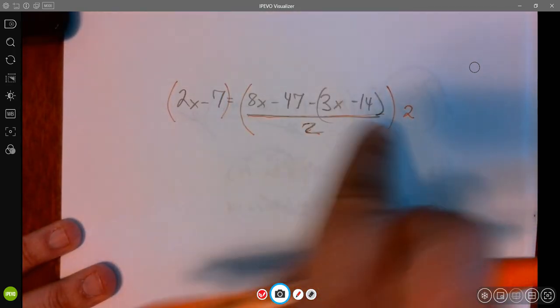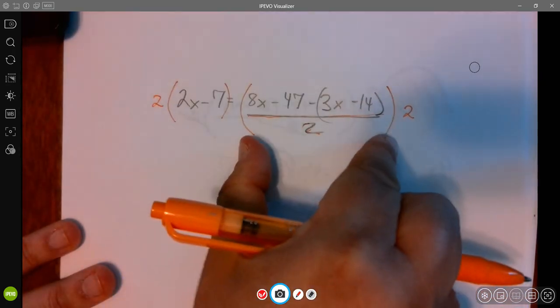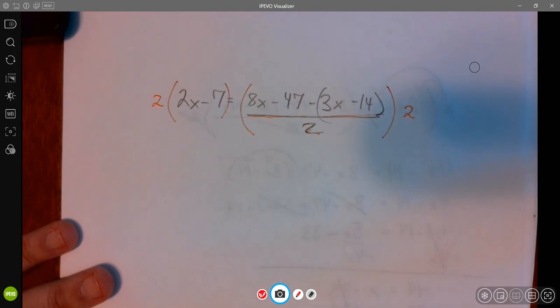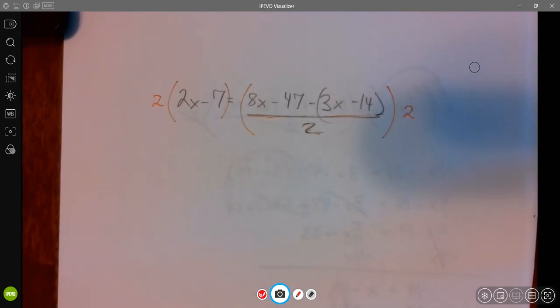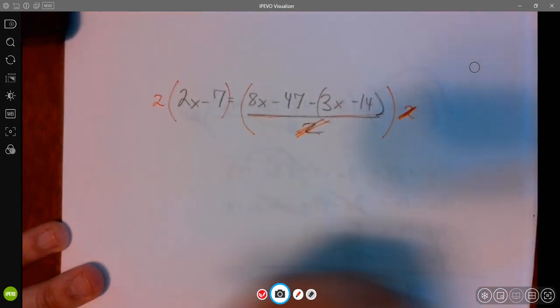But that means we have to do the same thing on both sides. And it can't just be a single term. We're multiplying each side by 2, the entire side. When you multiply through on a side, you can't just apply it to a single term, okay? So let's cancel that out. That gets rid of our division.